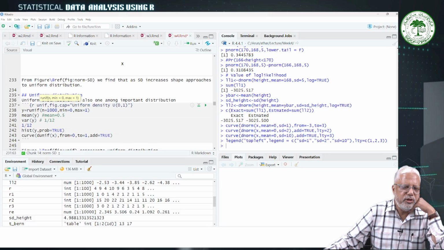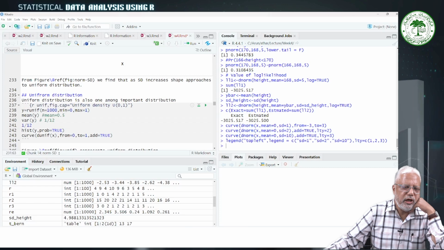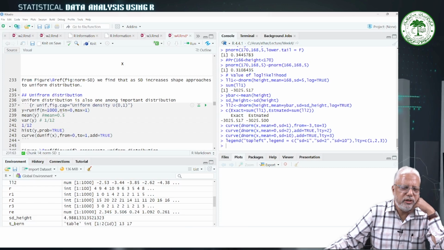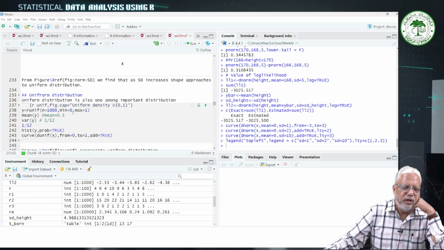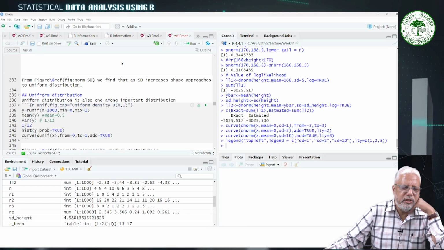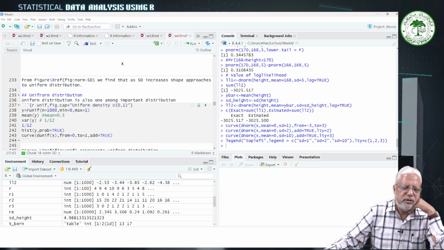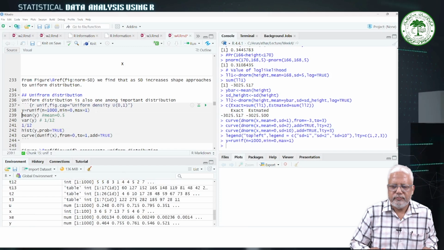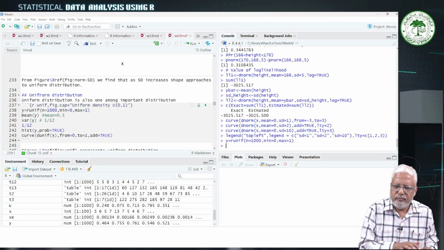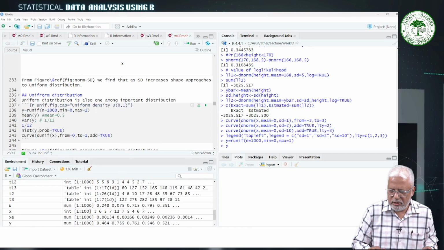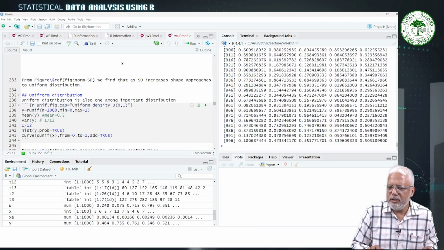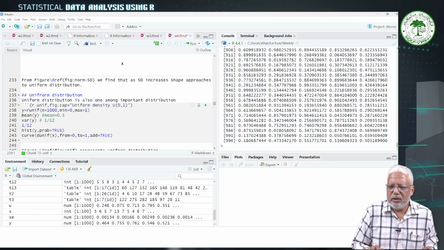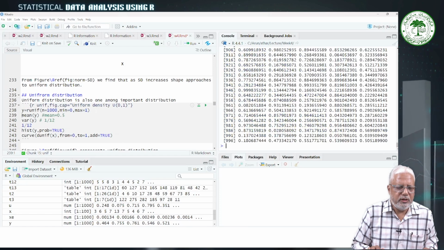Since we want to simulate observations from uniform distribution, it is runif. n is equal to 1000, min is equal to 0 and max is equal to 1. So it will simulate 1000 observations between 0 and 1. These are the simulated observations which are between 0 and 1.